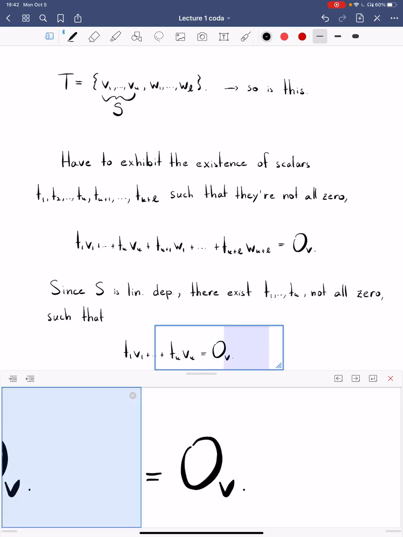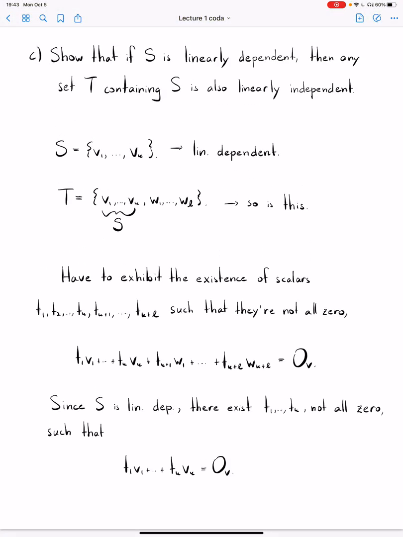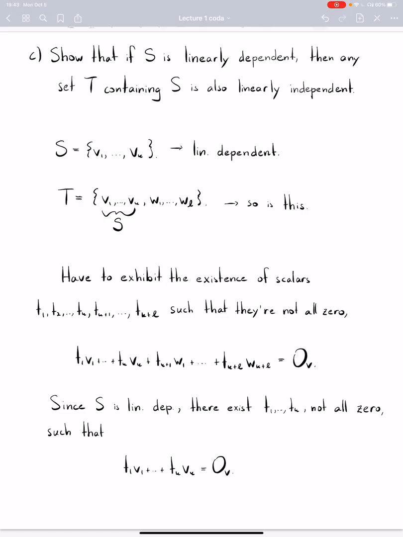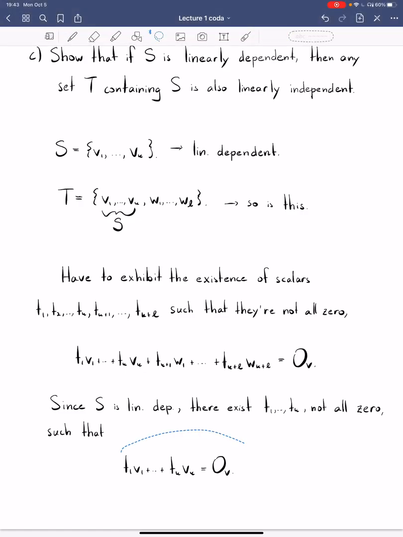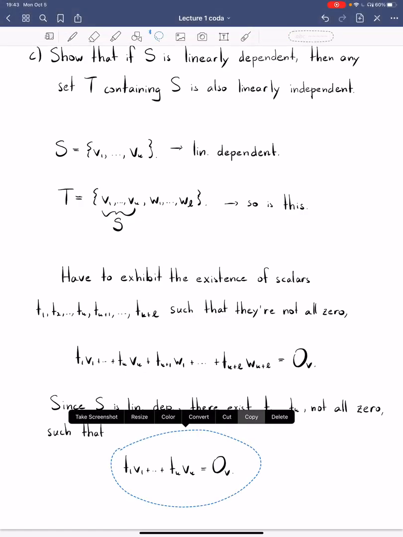That's the definition of what it means for S to be linearly dependent. Okay, so what can I do with that? Let me actually take this over to the next page. So I'll copy that.